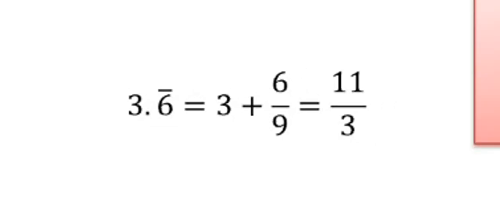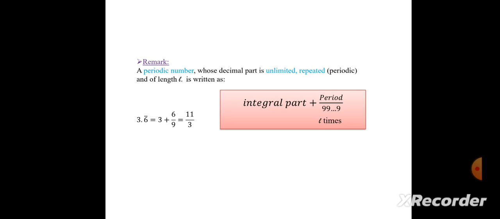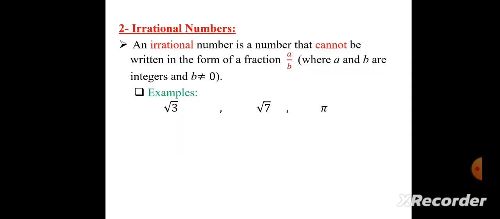You can check it directly by using your calculator. Similarly, 1.21 bar is 1 plus 21 over 99. By writing the same denominator, the final answer after simplification will be 40 over 33.